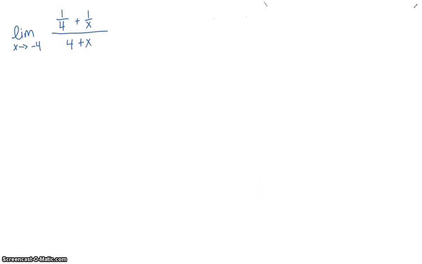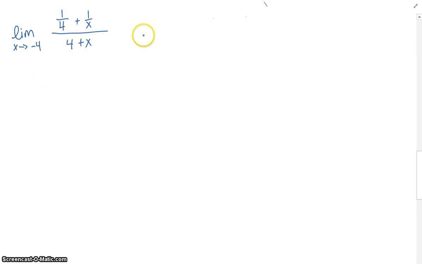Another example involves fractions and making things into one entire fraction rather than partials. In this particular case, if I again was to plug in -4 into the numerator and into the denominator, if I plug -4 in here, 1/4 plus -1/4 becomes 0. And if I plug in -4 here, 4 plus -4 becomes 0. Again, I'm in an indeterminate form.